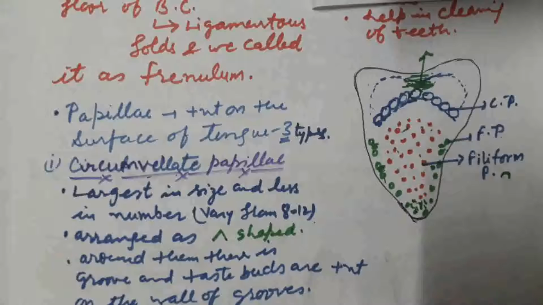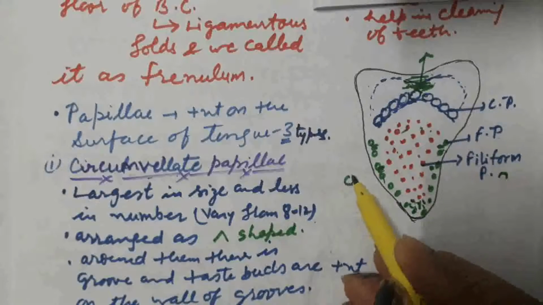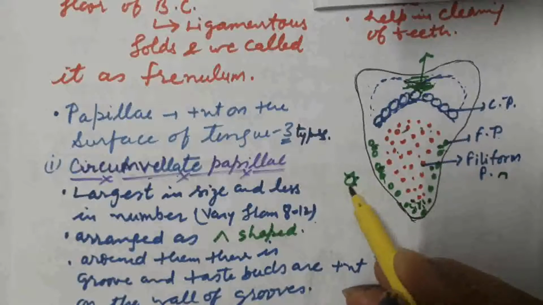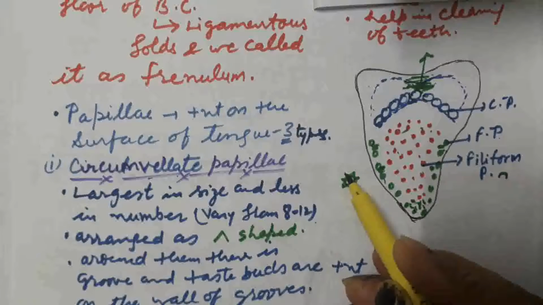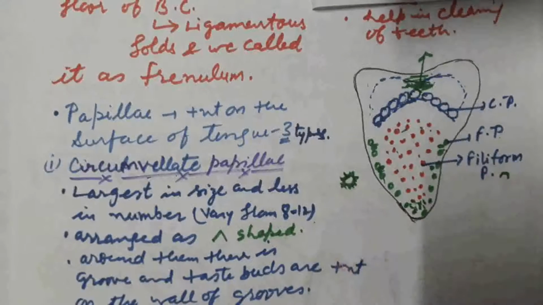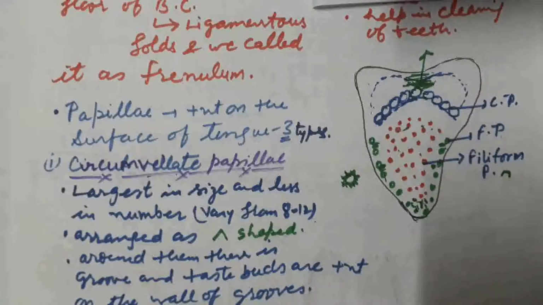As they are circular in outline, around them are present certain grooves. Inside these grooves are present taste buds, which help in tasting the food material. So circumvallate papillae are largest in size and very few in number, from 8 to 12.